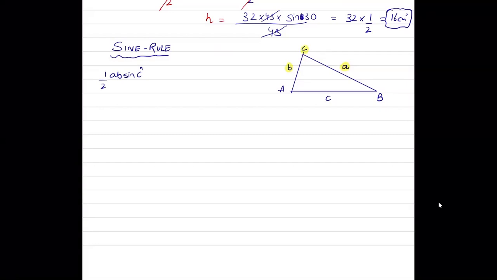Now would you agree that the area is still going to be the same if I had used side a, side c, and angle b? If I want to write down the area formula using these three terms, the two sides A and C and angle B, what is going to be the formula?